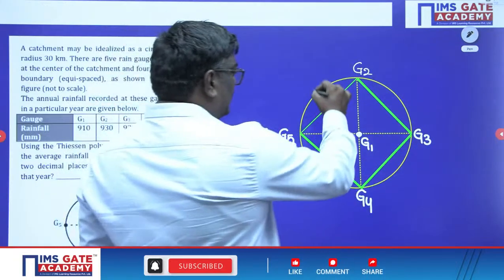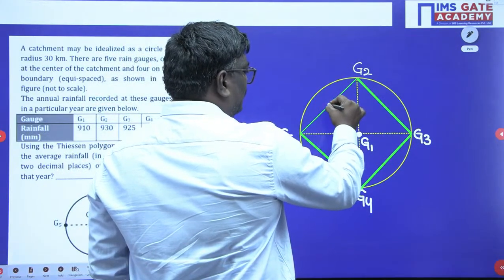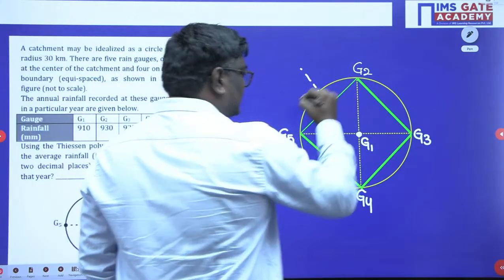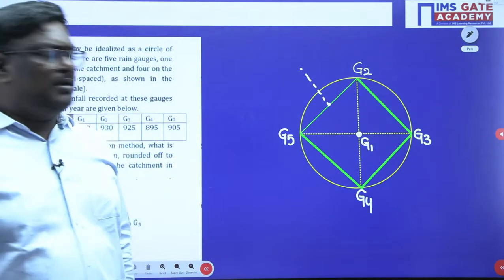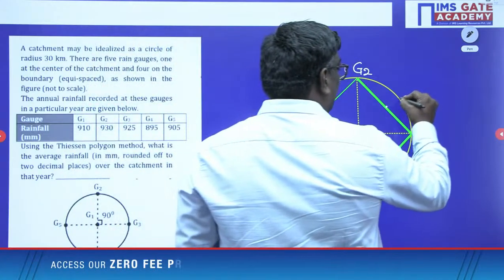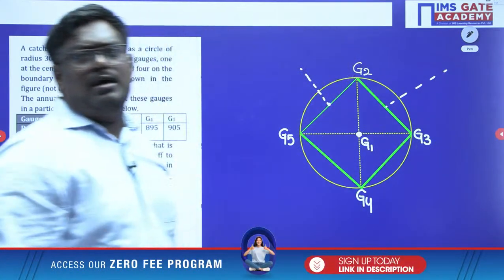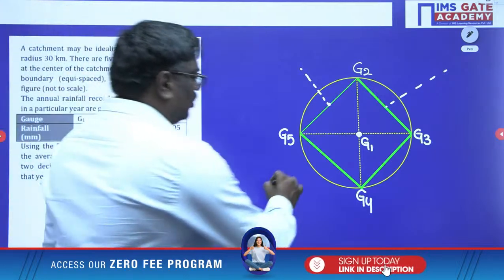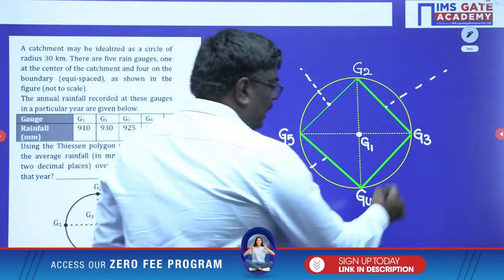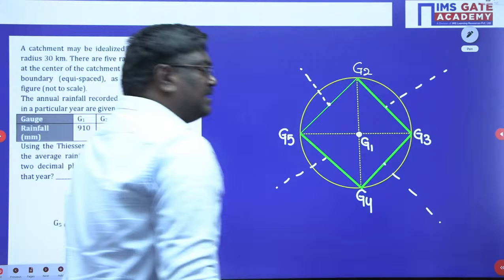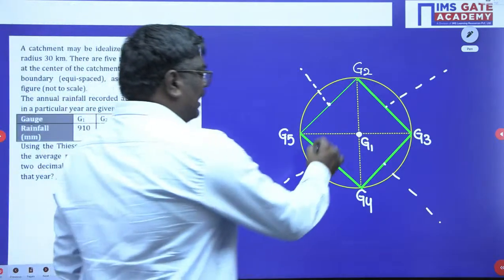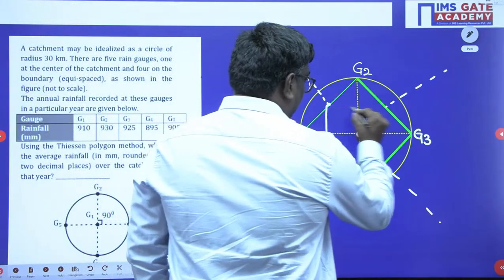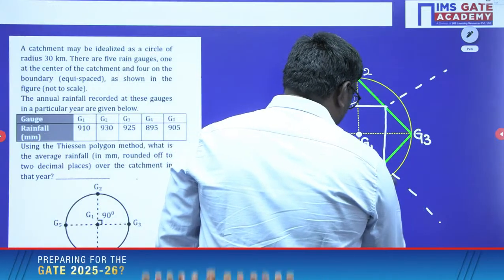Now students, we have connected the stations. After that, we have to form a polygon by drawing the perpendicular bisectors to these lines. If we draw a perpendicular bisector to these lines, we can form a rectangle or a square, based on the dimensions.